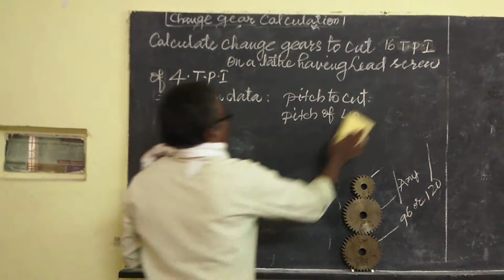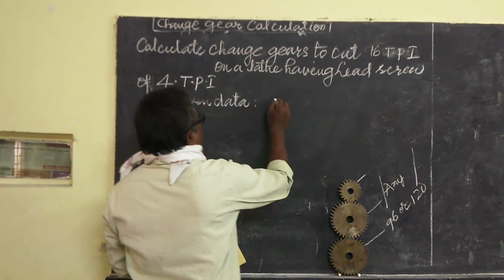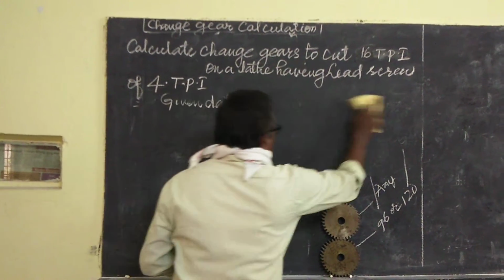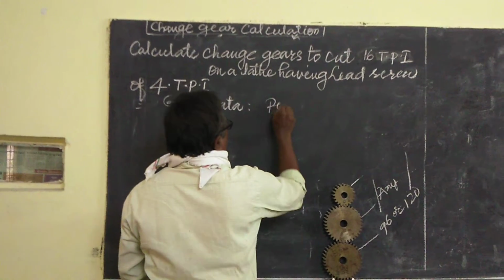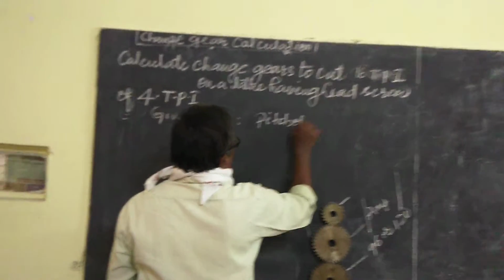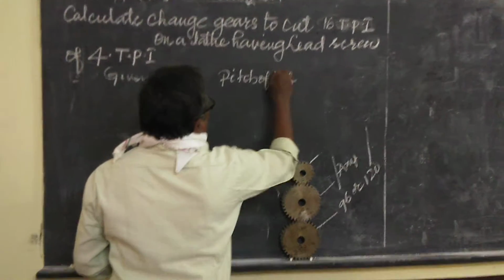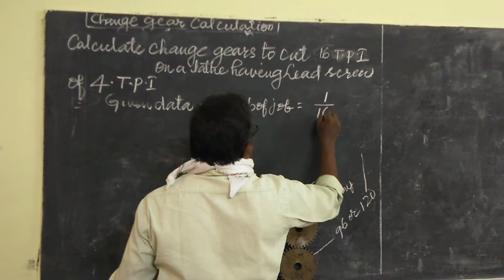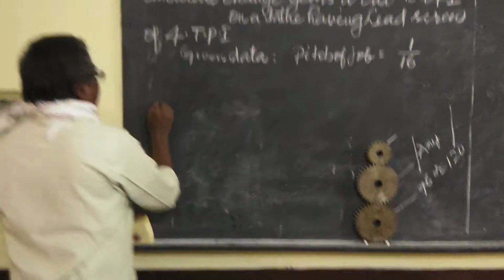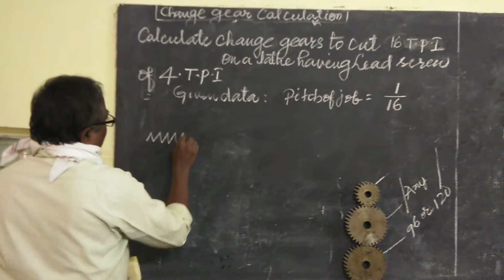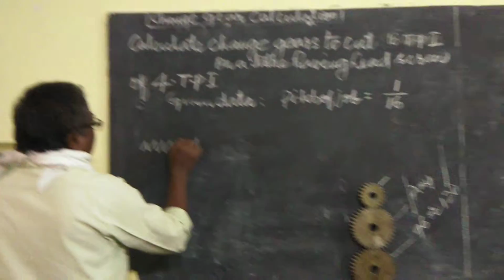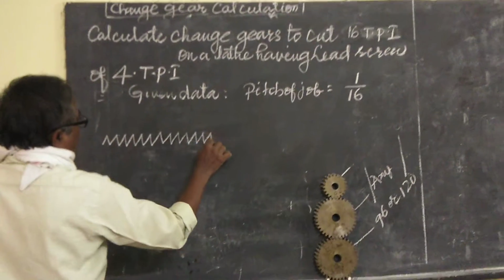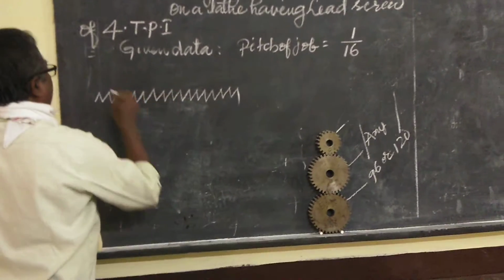Given data: TPI to cut. Otherwise, the formula is pitch of job equals 1 by 16, because the threads are like this: 1, 2, 3, up to 16.